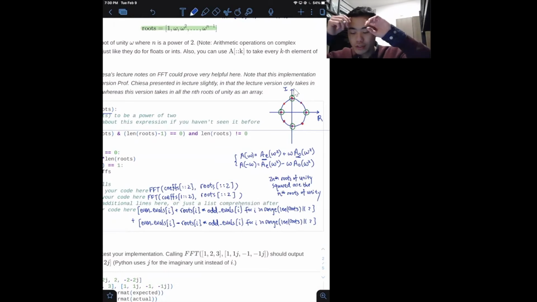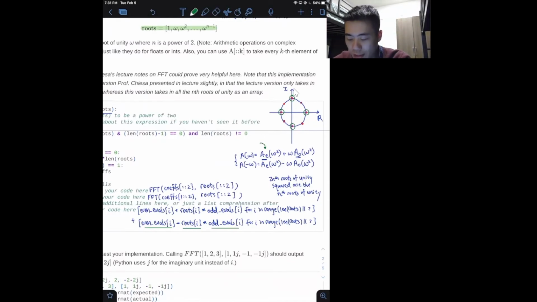All right, so what I just did here was simply calling the recurrence that I was provided, right? We provide this recurrence where if I want to evaluate my original polynomial A at a root of unity omega, I just need to plug in omega squared into AE and omega squared into AO, right? So that's why I've called even evals here and odd evals here, right? And this plus or minus roots i is basically the omega value, okay?